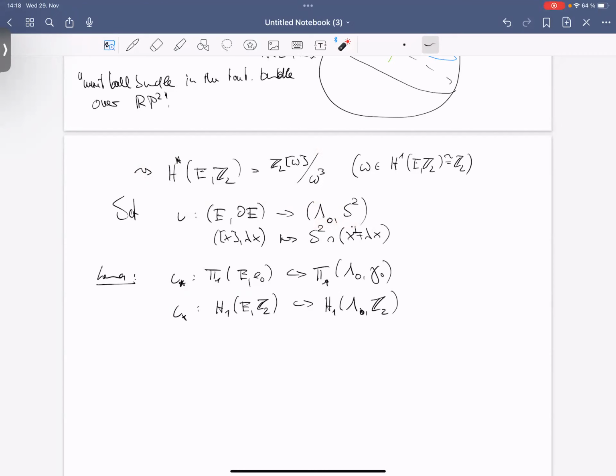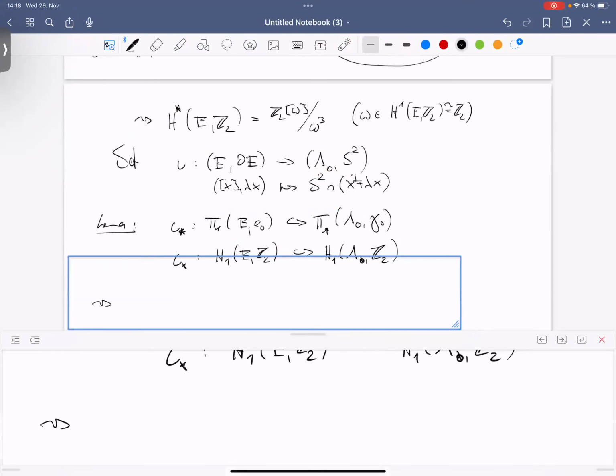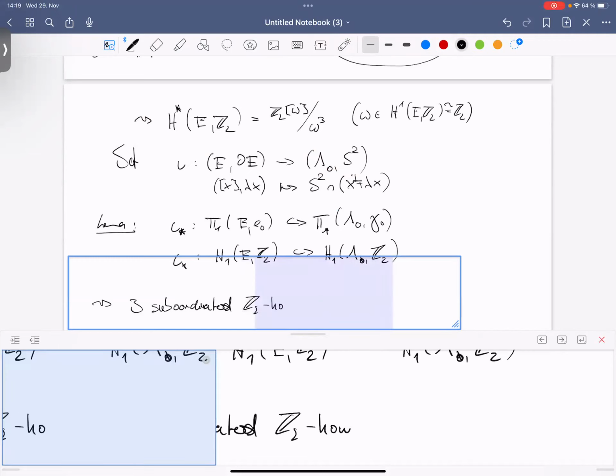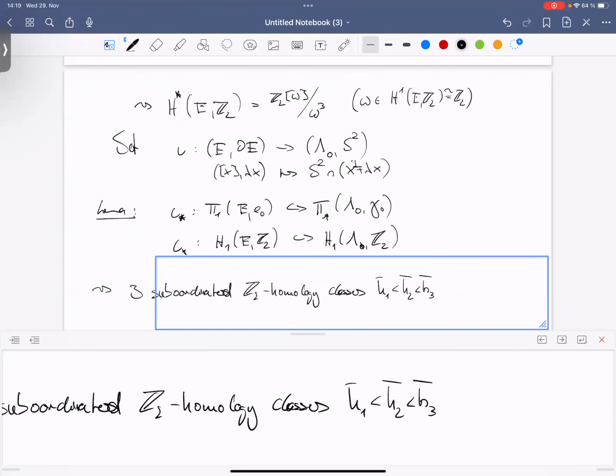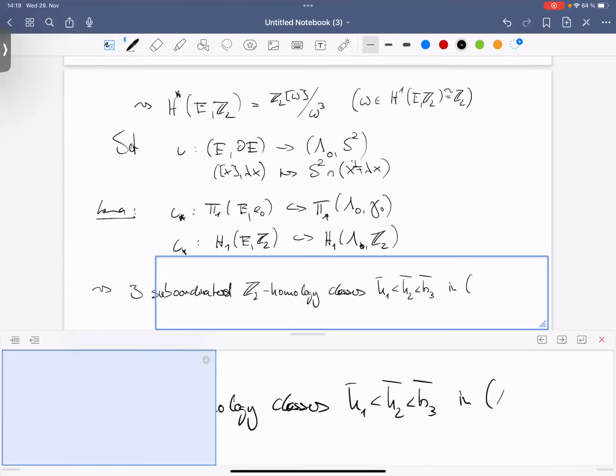So what you get, after a lot of discussion, is 3 subordinated Z2 homology classes H1 bar, H2 bar, H3 bar in this space lambda star modulo the boundary.